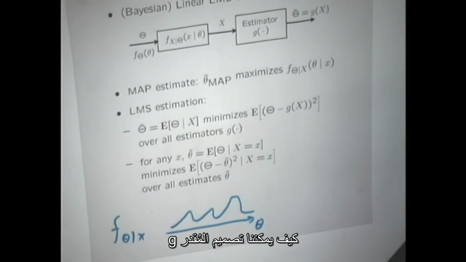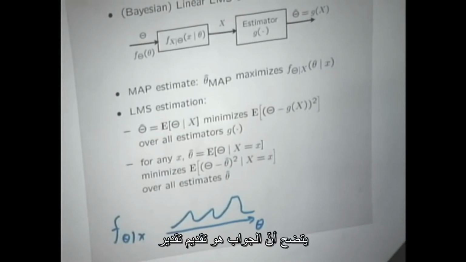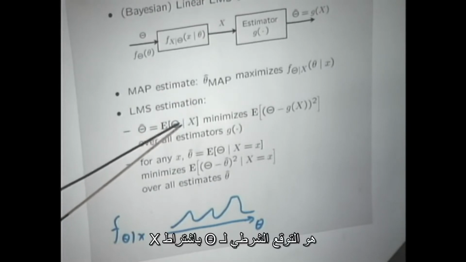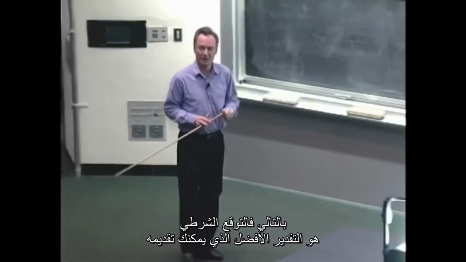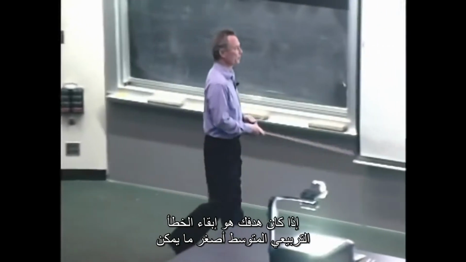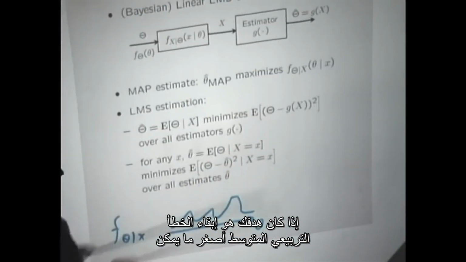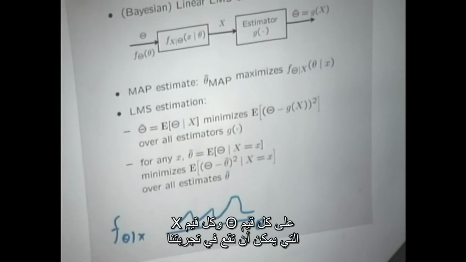How can we design our estimator g to make that error as small as possible? It turns out that the answer is to produce as an estimate the conditional expectation of theta given x. So the conditional expectation is the best estimate that you could produce if your objective is to keep the mean squared error as small as possible. So this statement here is a statement of what happens on the average over all thetas and all x's that may happen in our experiment.